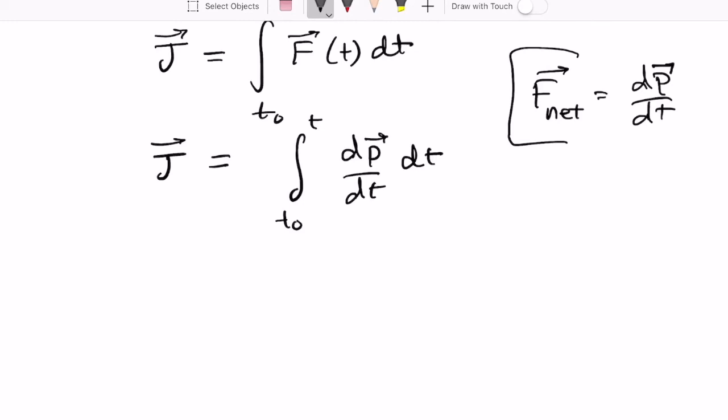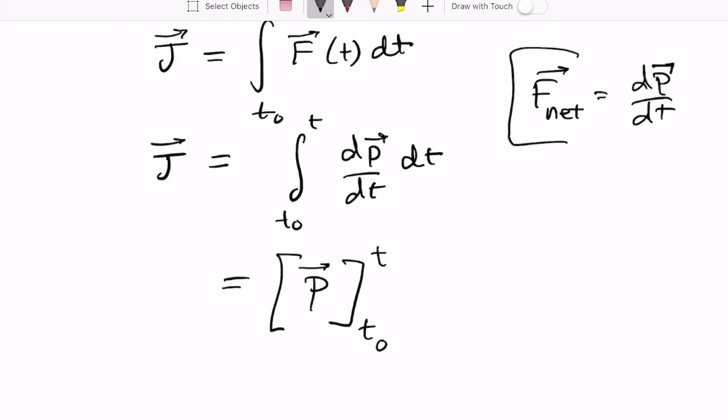So this is nothing but p, the original function, evaluated at the two endpoints, t0 and t.